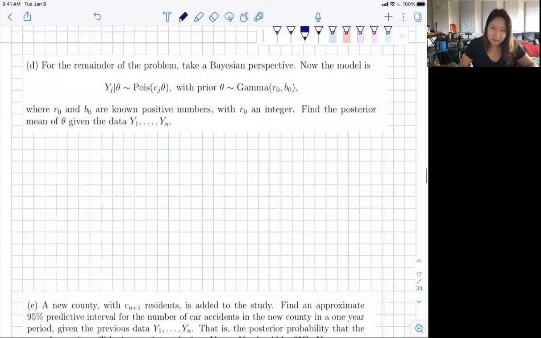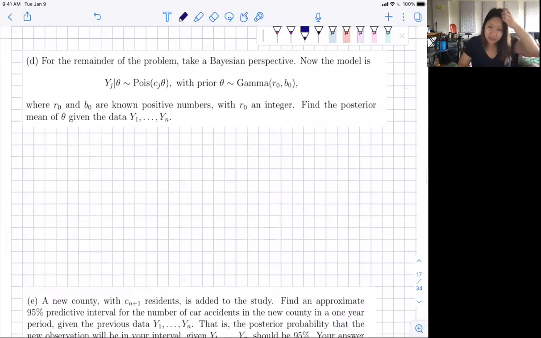So for part D, we're going to transition into a Bayesian perspective. Now we already had yj given theta is Poisson, and this time we're adding a prior: theta is distributed as Gamma(r naught, b naught).